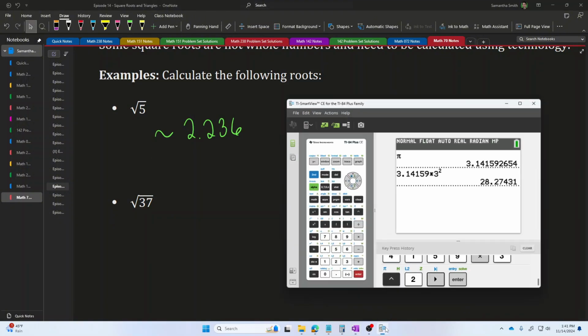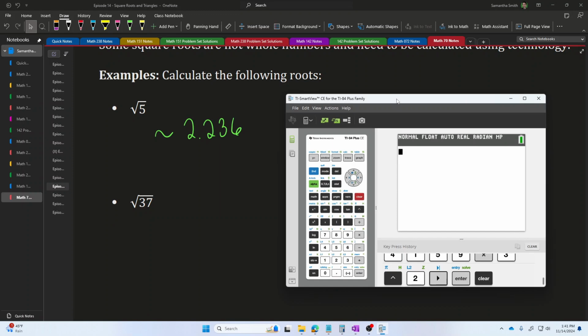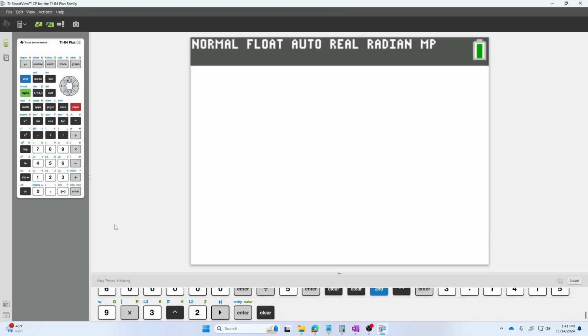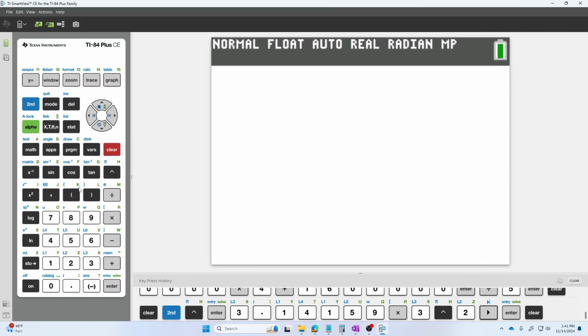If you want to do the calculation on the graphing calculator, you can also use the square root feature. Now, the square root feature on the graphing calculator is located here in the left column, this tiny blue symbol above the x squared button.